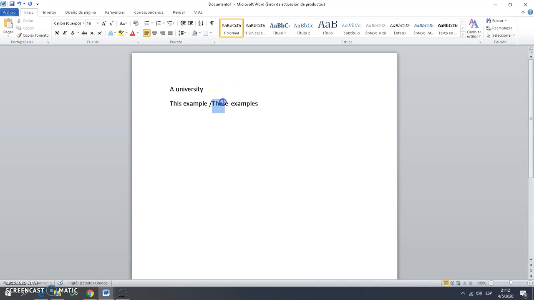Not using the plural form for the demonstrative. Remember here, this is connected to proximity, but if we're talking about something that is far away from us, we will go for that example. And who remembers the plural? Yes, those examples. All right?